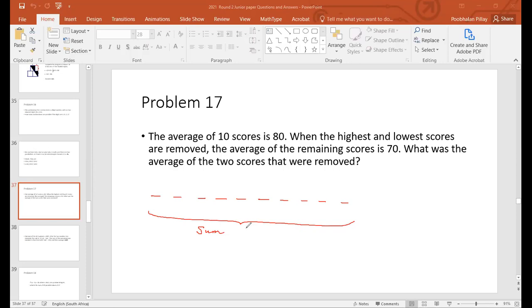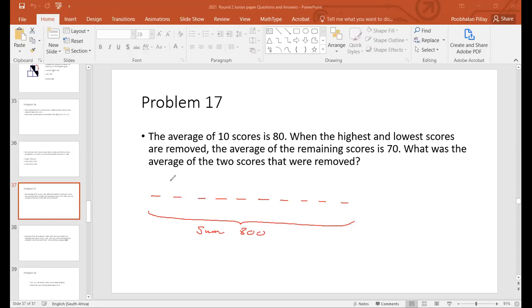Correct. So the sum will be 800. In averages, there is always a sum and some kind of division process to get the average, right? So the sum of these 10 numbers is an important number here: it's 800, and there are 10 numbers.